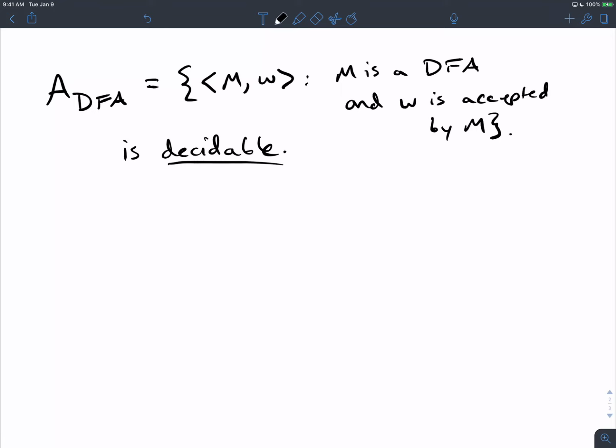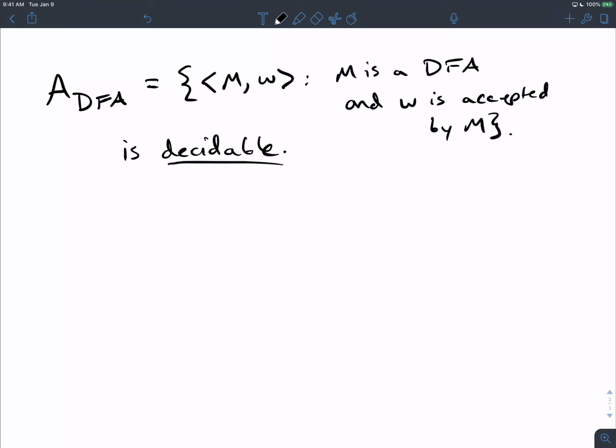Because if you have a valid input, then the DFA is always going to end up in the final state. But how do we know whether or not the input W that is given will end up in a final state? Yeah, so that's the thing. The input W, the string to the machine M, is finite in length.